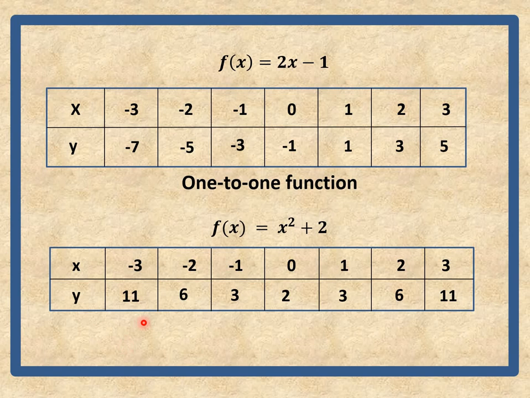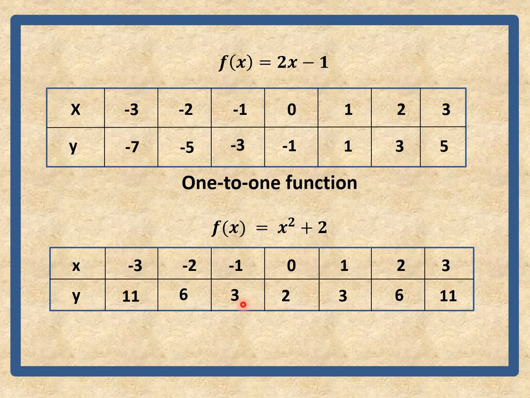Okay, let's try to analyze the values of y out of the values of our x here. 11 and 11. 11 has been used twice. 6 also has been used twice. 3 and 3 also has been used twice. 11 has been paired with two different values of x. 6 has been paired with two different values of x, which are negative 2 and positive 2.